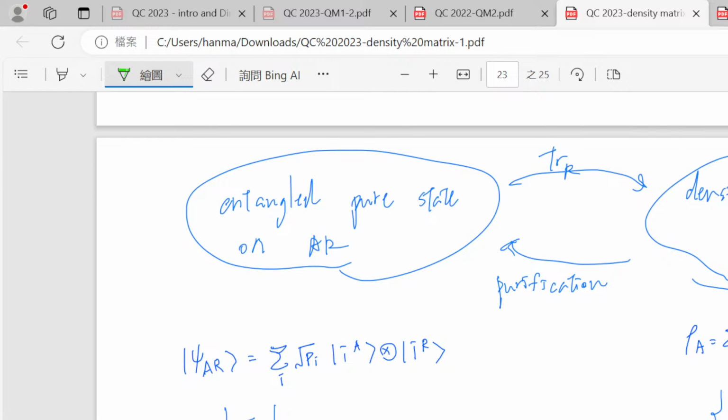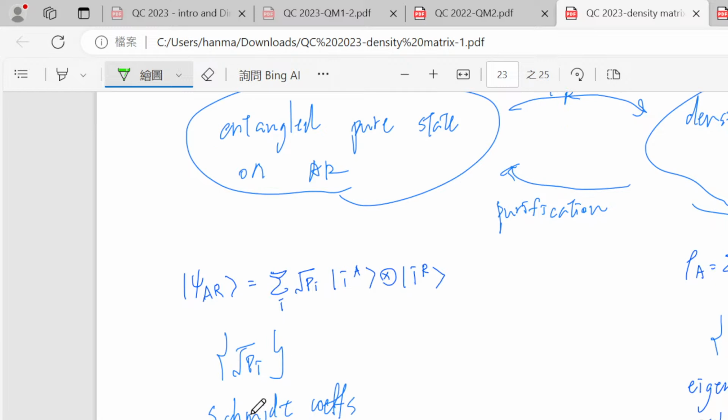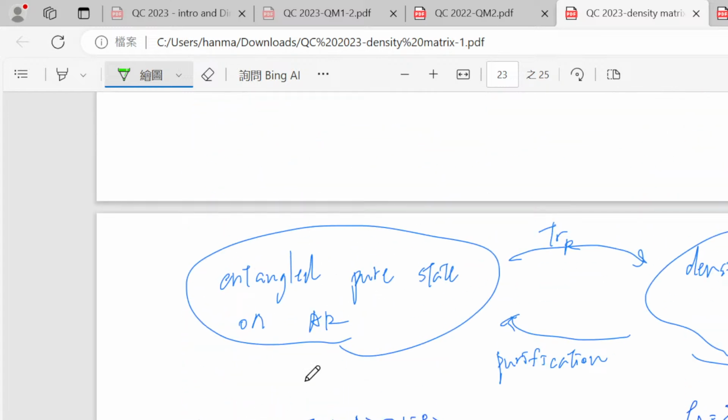Okay. And then we see that the eigenvalues of the density matrix here actually correspond to the Schmidt coefficients here. So if the eigenvalues are p_i, the Schmidt coefficients of your purified state will be square root p_i. Okay. So we see there is a lot of connection between this entanglement and how the eigenvalues of your density matrix are distributed.